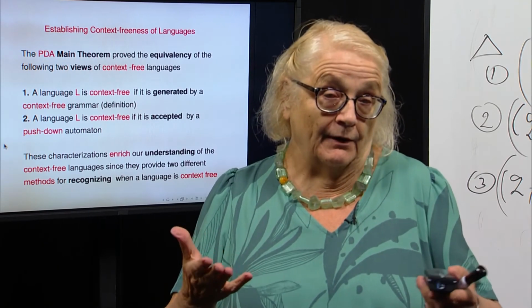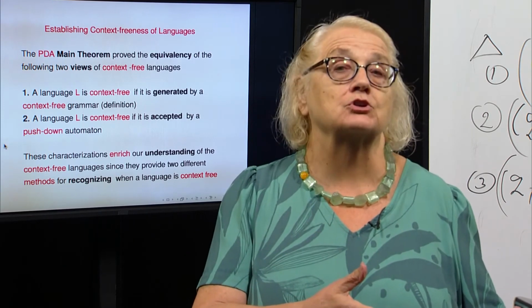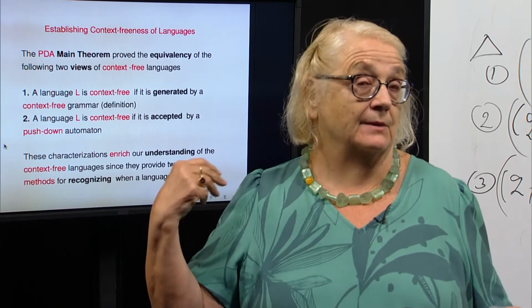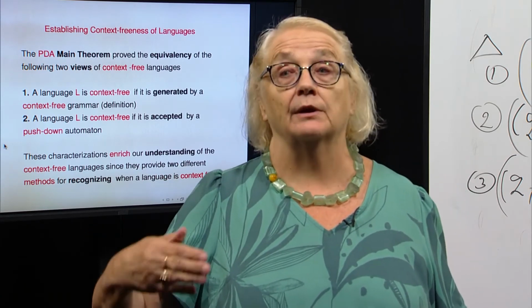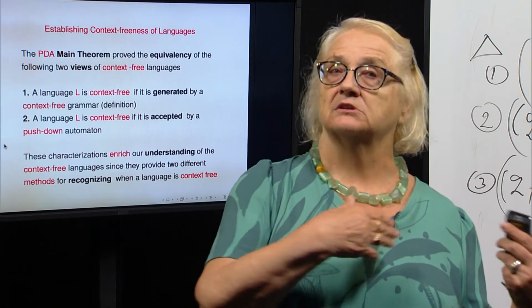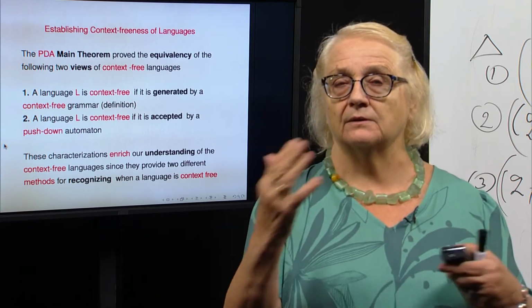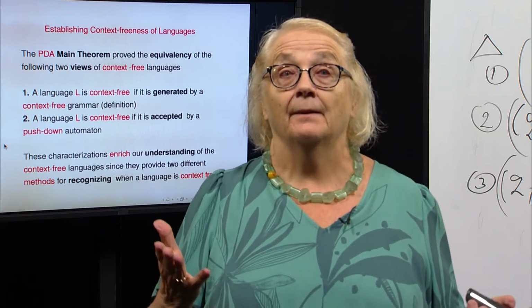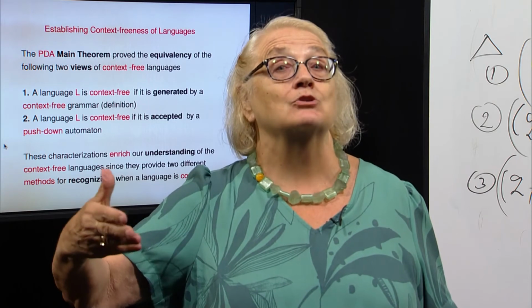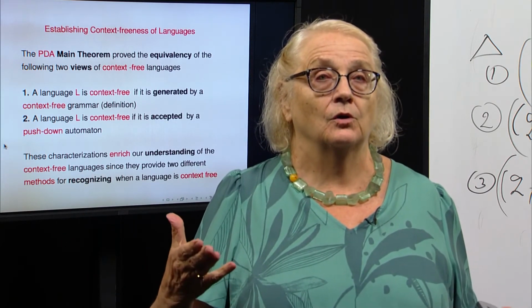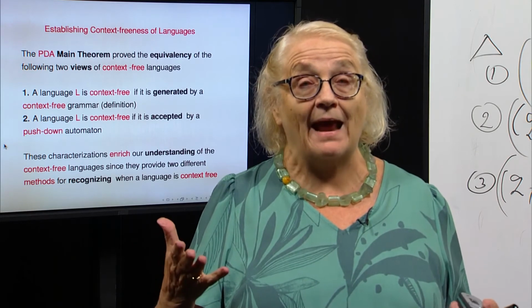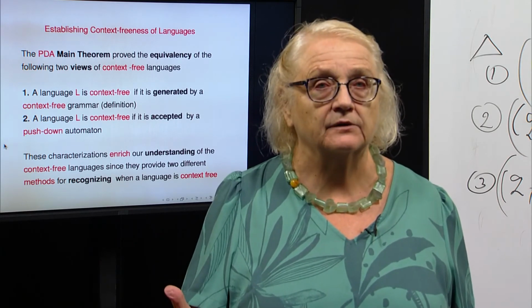If you could construct an automaton, it's the same here. If a language is context-free, you can construct a grammar, you can construct an automaton, but it's a positive answer. Now, how to prove that a language is not context-free?